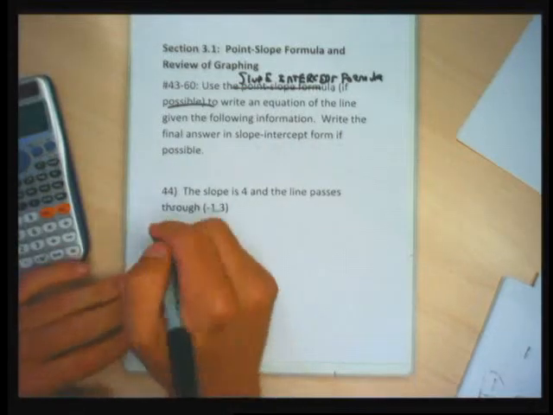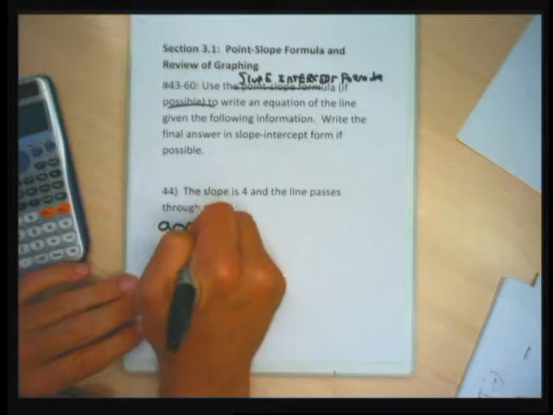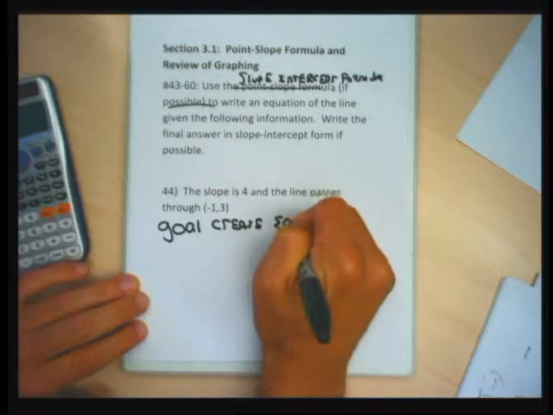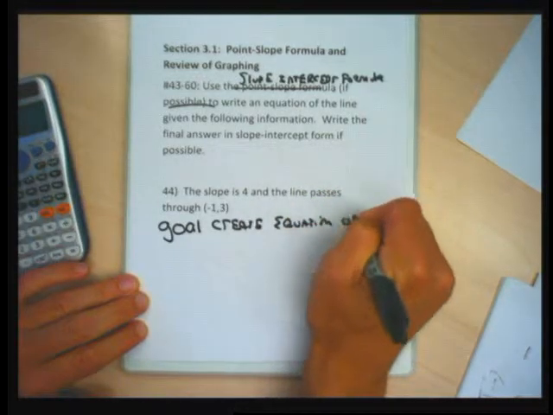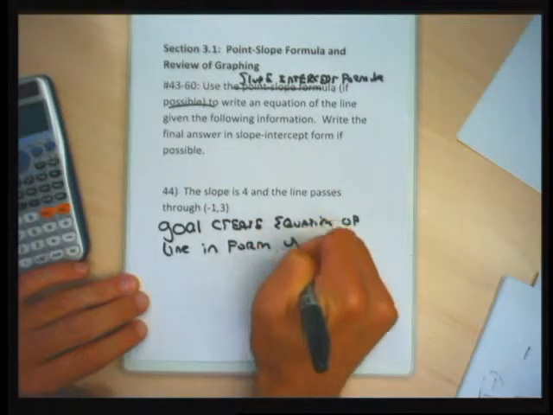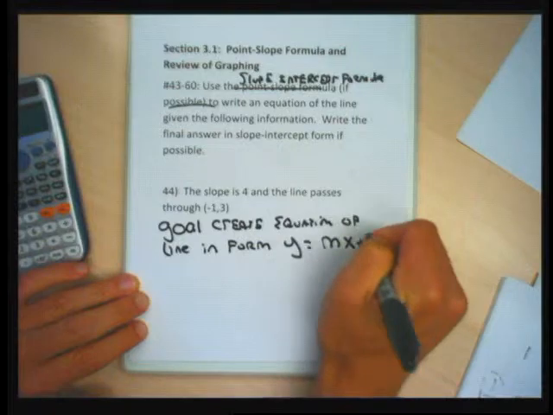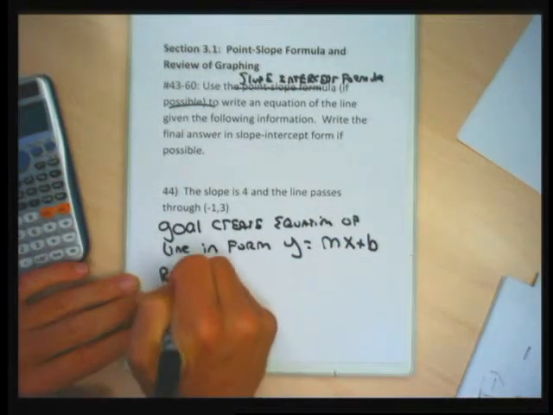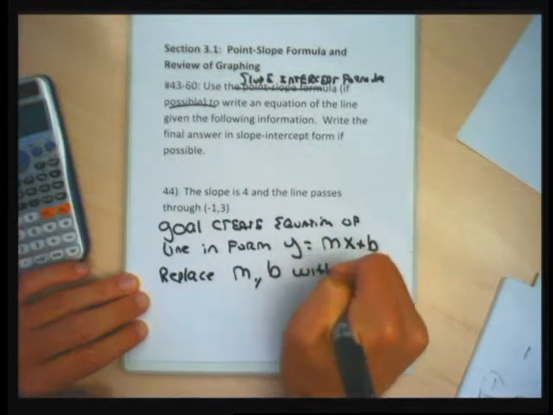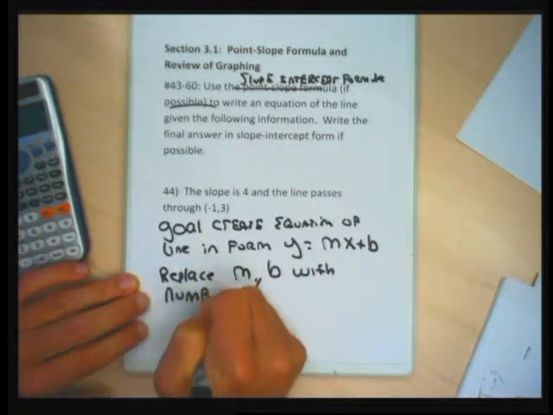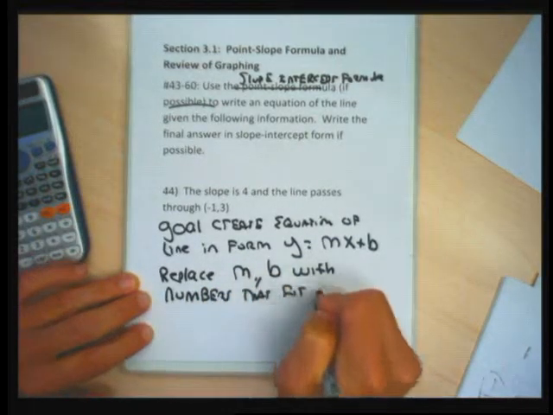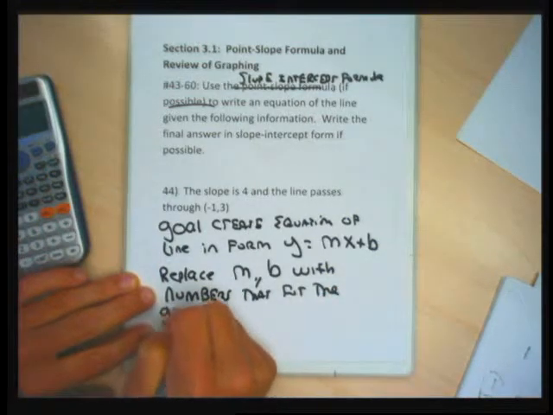My goal is to create an equation of a line in the form y equals mx plus b, and I need to replace the m and the b with numbers that fit the given information.